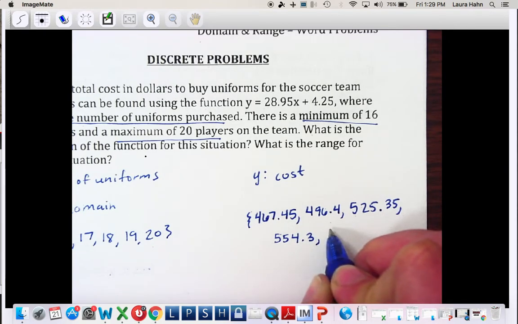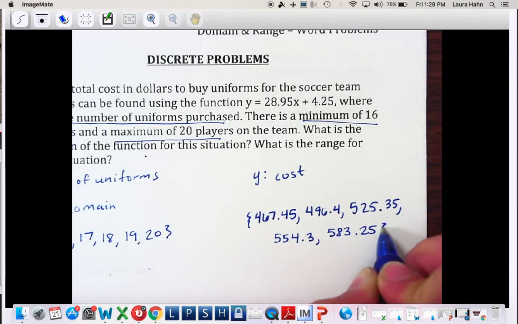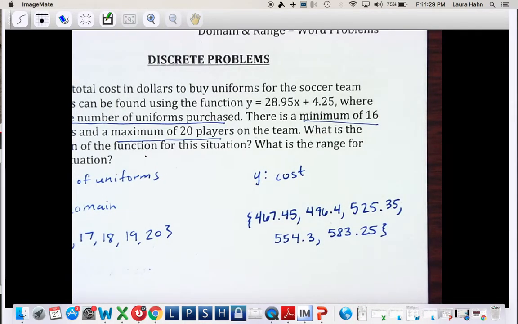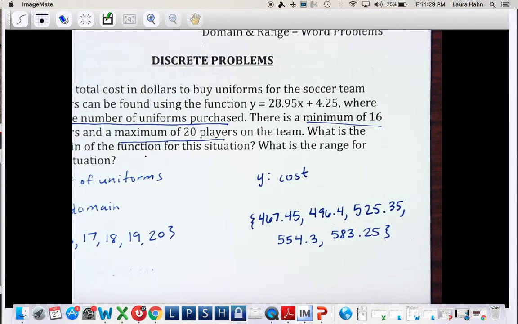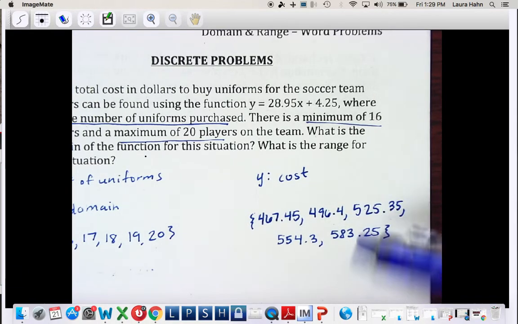And then finally 20. So this is the cost if I would get 16, 17, 18, 19, or 20.